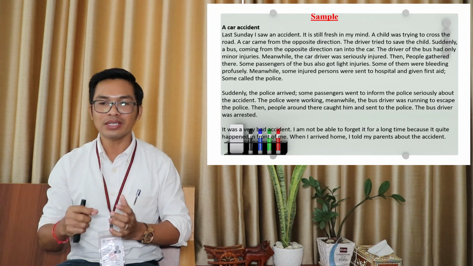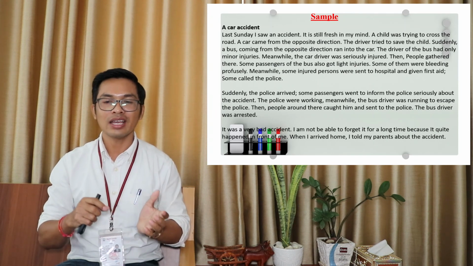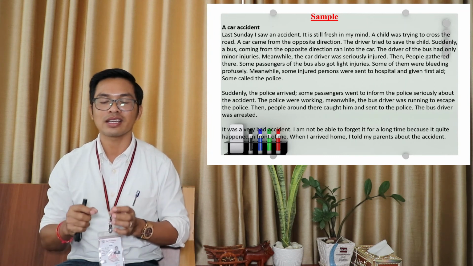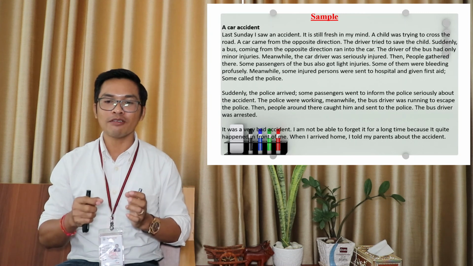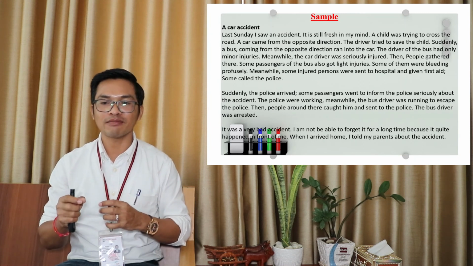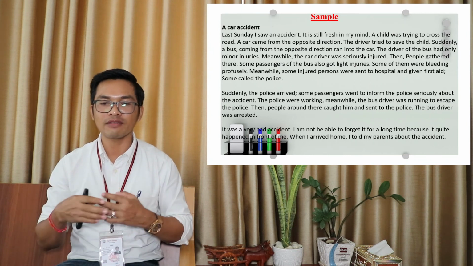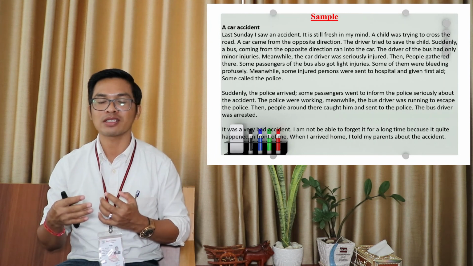Meanwhile, the bus driver was running to escape the police. Then people around there caught him and sent him to the police. The bus driver was arrested. Last paragraph. It was a very bad accident. I am not able to forget it for a long time because it happened in front of me. When I arrived home, I told my parents about the accident.